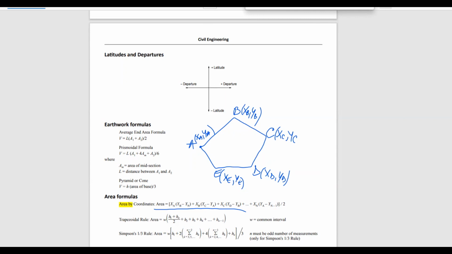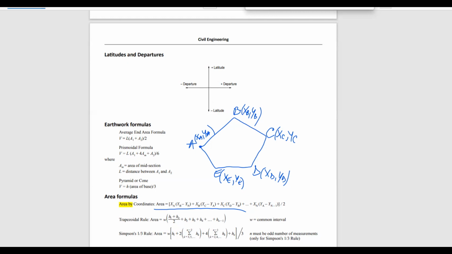Following this pattern, you start at point A, you take X of point A and multiply by the Y of point B minus Y of point E. So you take Y of the forward point minus Y of the backward point. That's how I think about it.